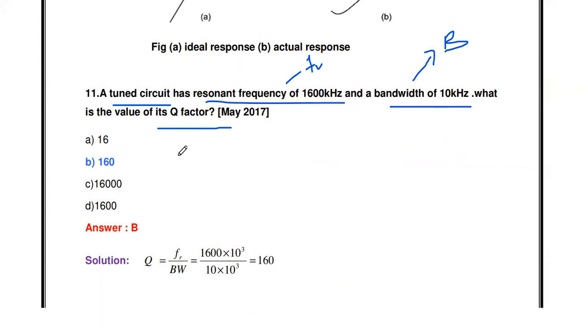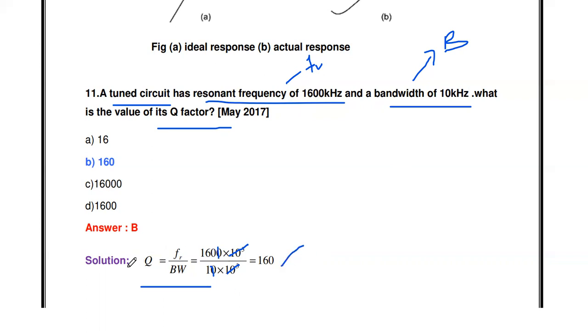You already know the relation between Q, FR and bandwidth. The quality factor Q is equal to the ratio of resonant frequency divided by bandwidth. So 1600 kilohertz divided by the bandwidth, 10 kilohertz. The 10 to the power 3 cancel, the zeros cancel. So the answer is 160.